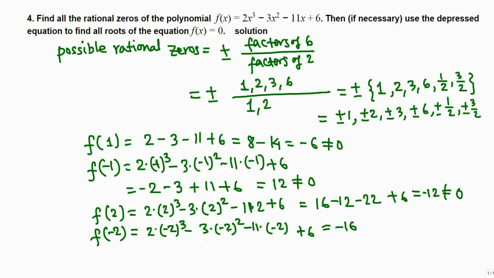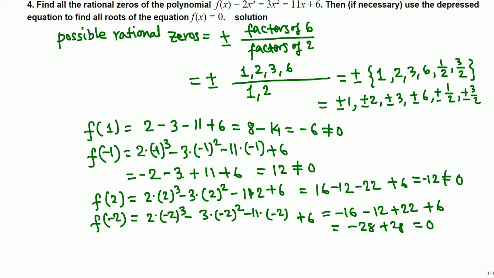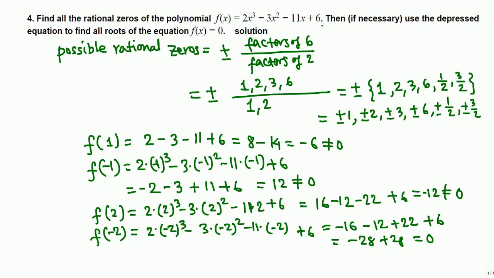Negative squared is positive, 4 times 3 is 12, minus 12, plus 22, plus 6. Okay, -16 minus 12, -28, plus 28, so 0. Yes, that means negative 2 is a zero of this polynomial.